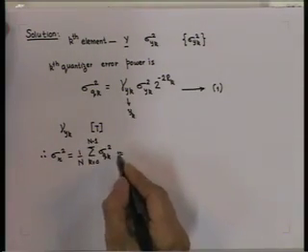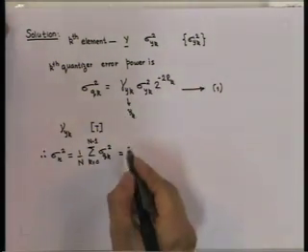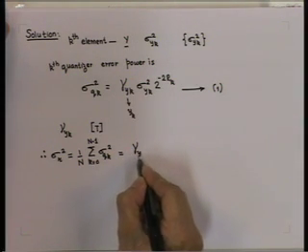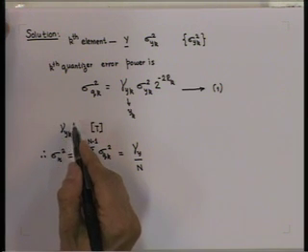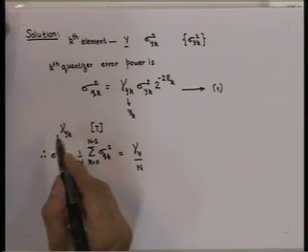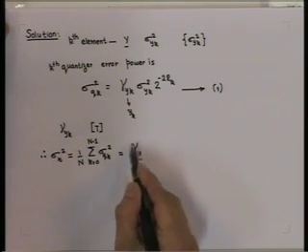This can be rewritten using this expression as gamma y by n, where we have assumed that gamma y k is independent of k and is equal to gamma y.